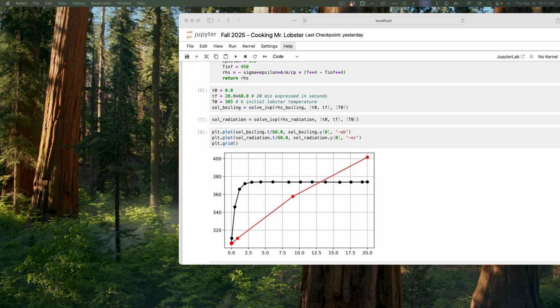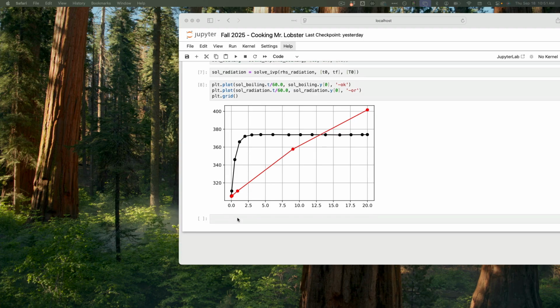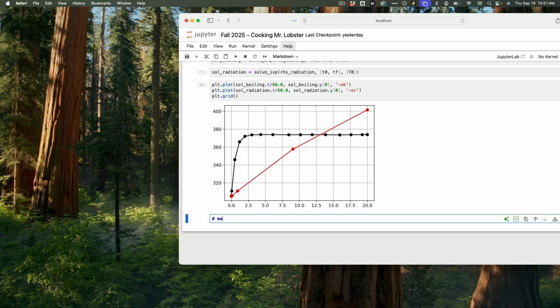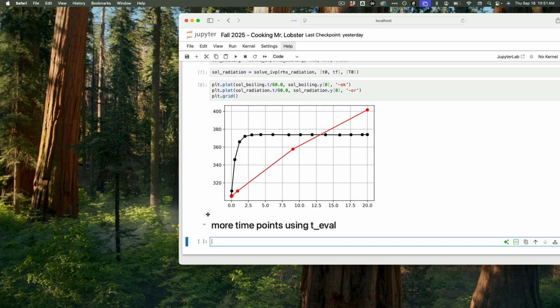So let's do this in Python. I'll create a new cell here so that we get to compare. We're going to see more time points using t-eval. Okay.